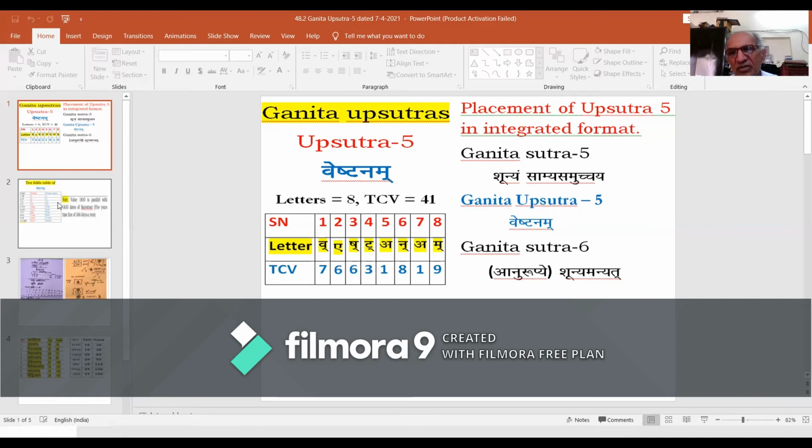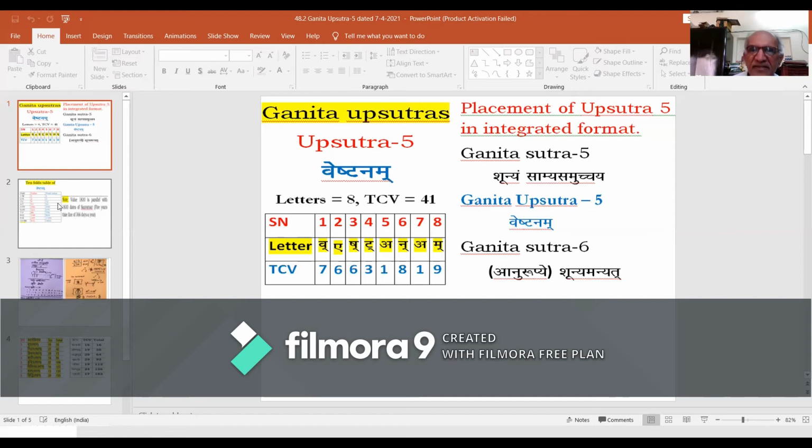These knots of different layers, as the osculators would be, are going to be the mathematical domain of Ganita Upsutra 5. It is this mathematical domain in terms of which we will be bridging the gap between the mathematical domain of Shunyam Same Samuche and Anurupe Shunyam Anyat.